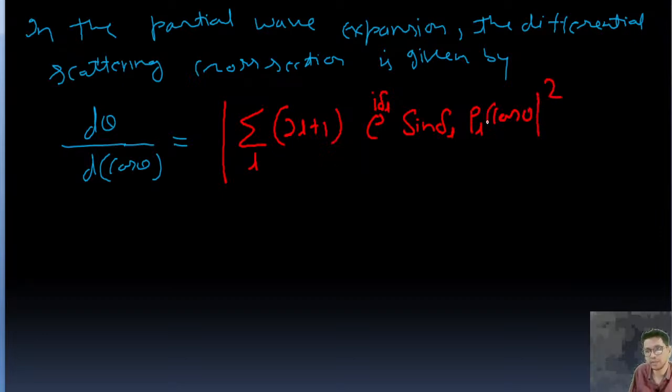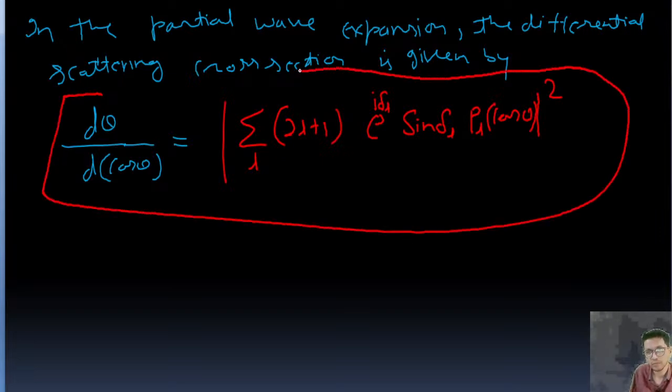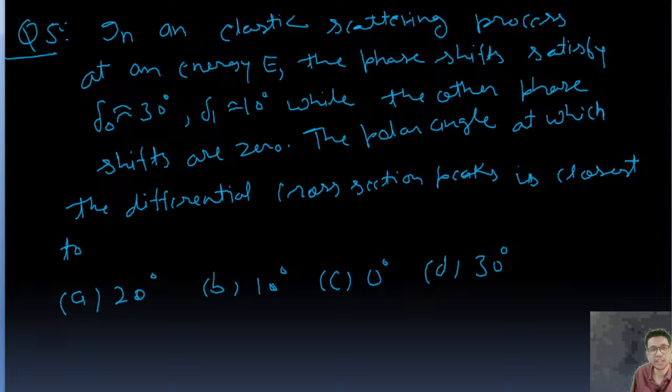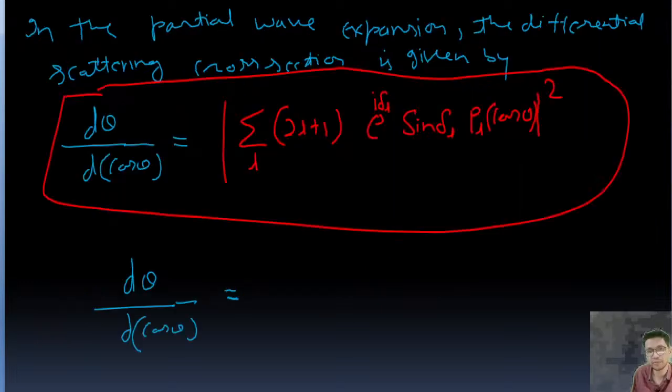Okay, so this is a very important formula. You need to note it down. So this is the formula, guys. So from here d sigma upon d omega, this is the differential cross section. We need to find out the angle at which this differential cross section is maximum, right?